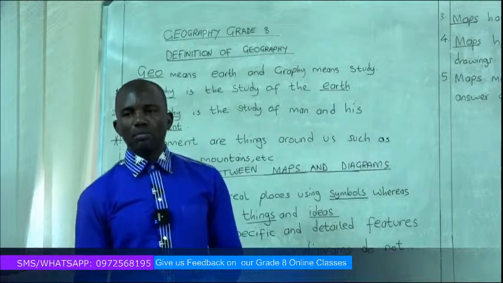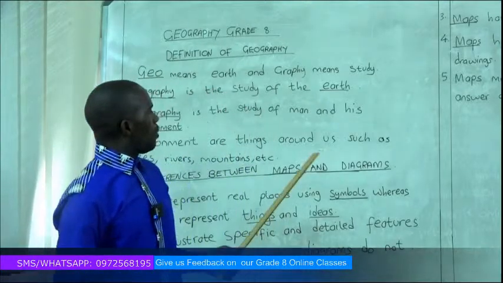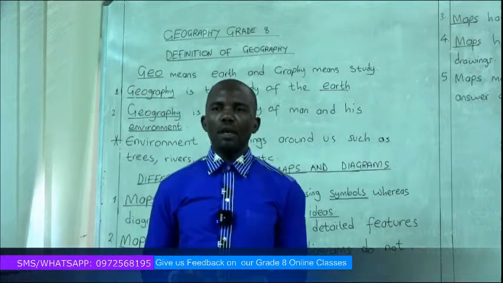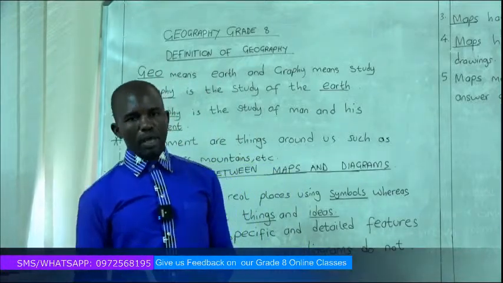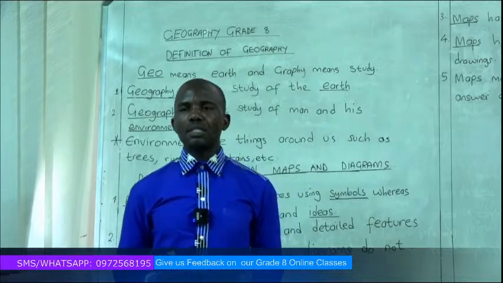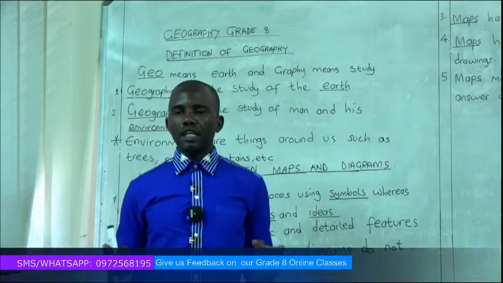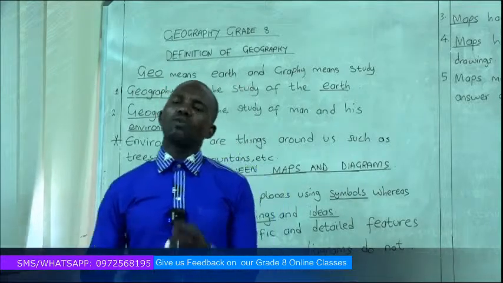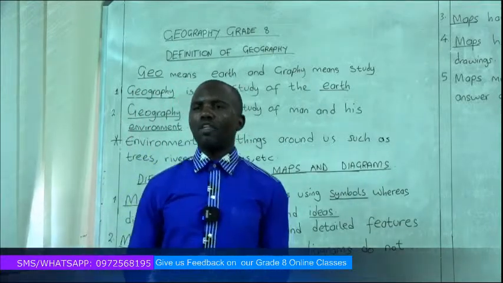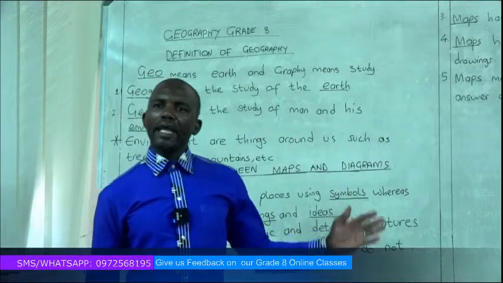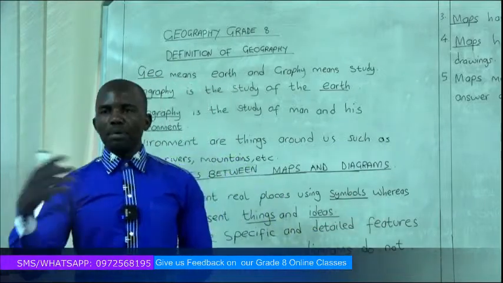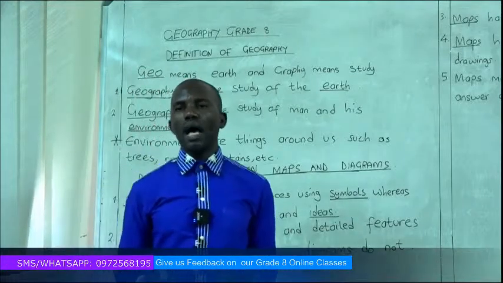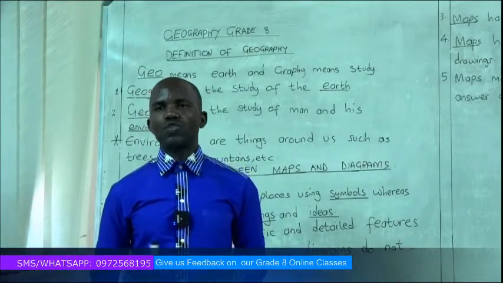Okay. Now, today, I want us to take a look at the many differences between maps and diagrams. Number one, maps represent real places, such as the town, the city, or the village, while diagrams are simply simplified drawings that represent the appearance and the way something is.